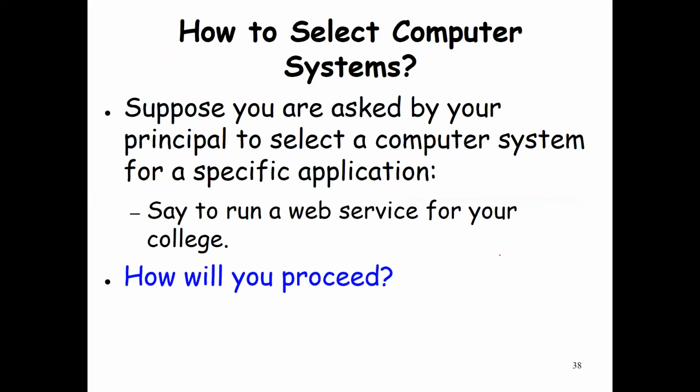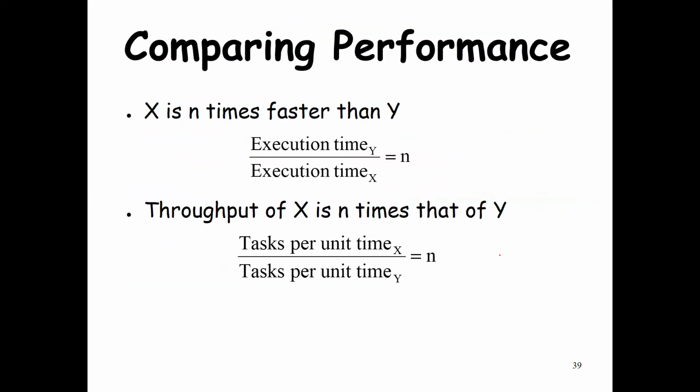So there are many ways to measure the performance. For example, if you say that a particular processor X is n times faster than Y, then it is given something like this: execution time of Y divided by execution time of X is equal to n.